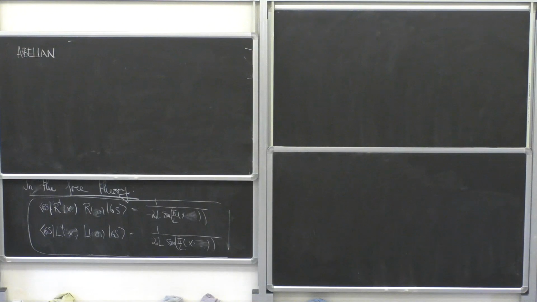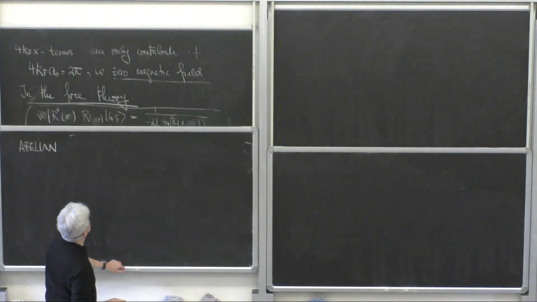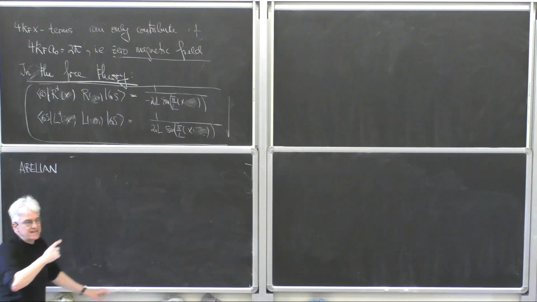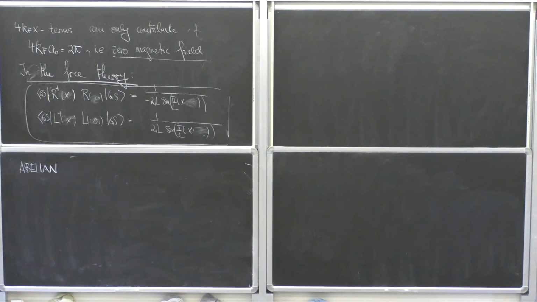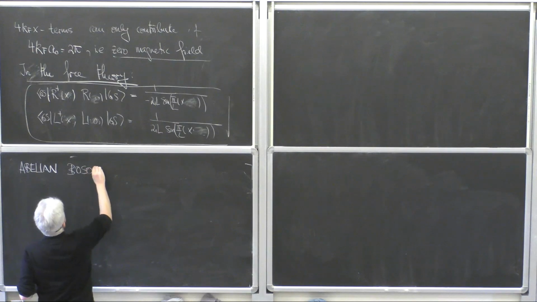I'm just writing this down because it will help us to identify what operators in the free boson theory correspond to what operators in the free fermion theory. So this is abelian bosonization.